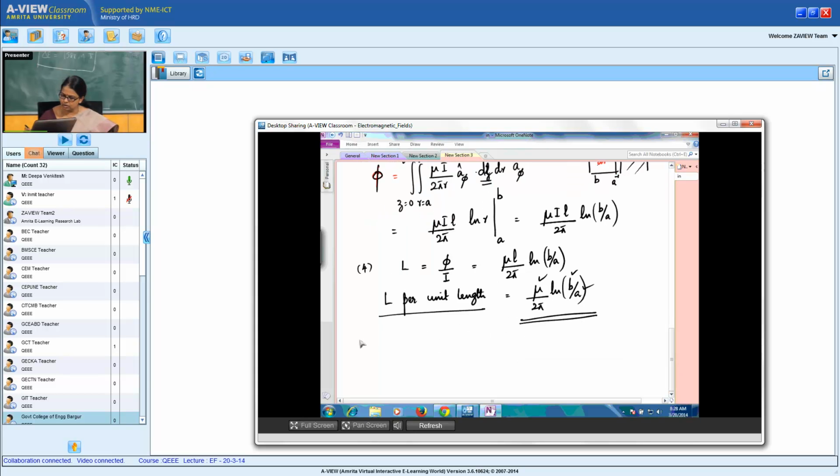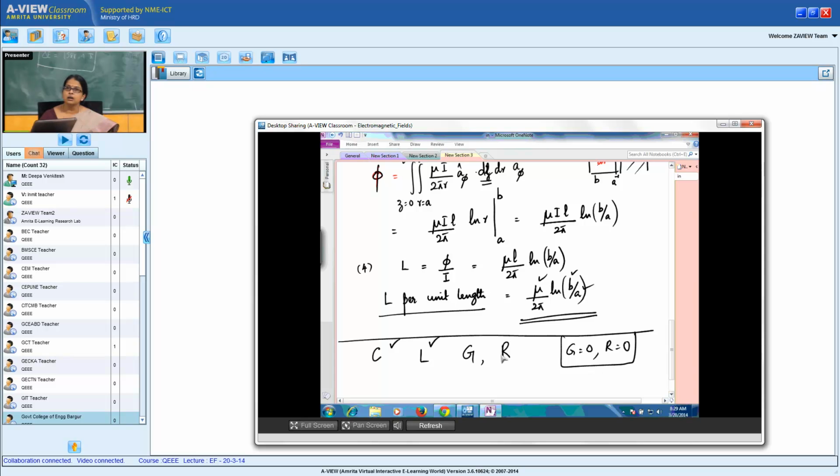So for the transmission line, we did capacitance, we did inductance. Now we had two other parameters, which were conductance and resistance. We had said that for ideal lines, G is 0, R is 0.